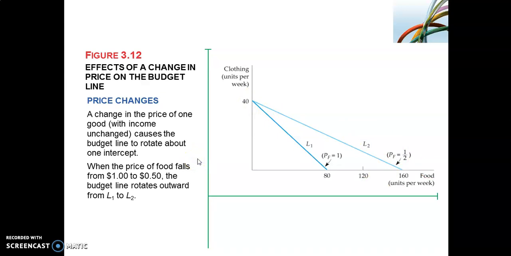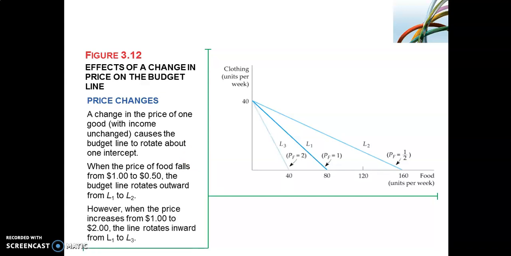If the price of food increases from $1 to $2, as we see in L3, the budget line swivels inwards. The slope has once again changed and is now -1, and the horizontal intercept is now 40.